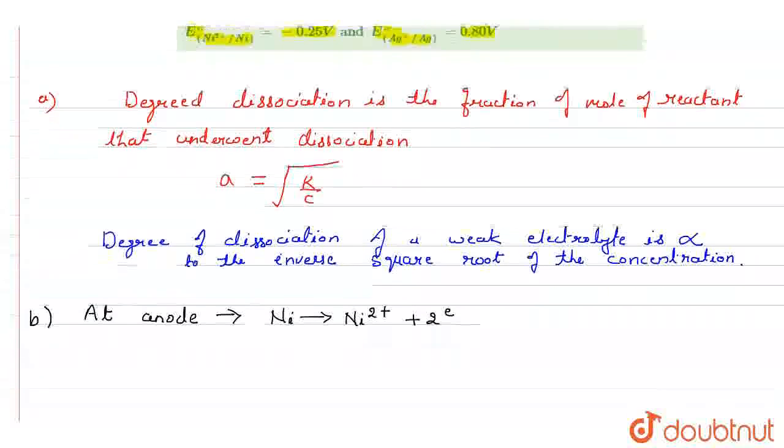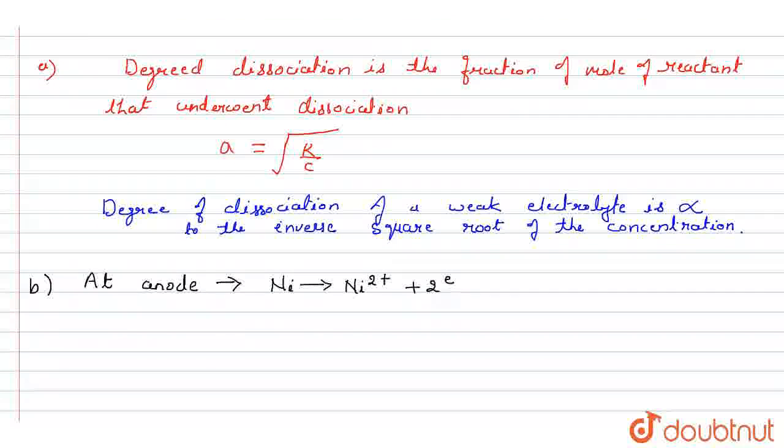As we know, at the anode oxidation takes place and at the cathode reduction takes place. So at the cathode, Ag+ ions plus electrons will react to give solid Ag.